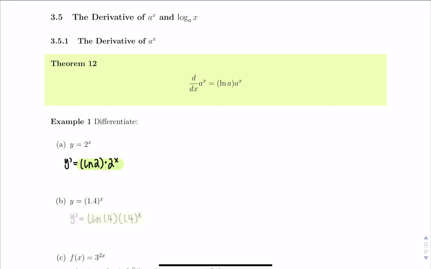Same idea goes for the second one. We take the ln of the base, which is 1.4, times the original, or 1.4 to the x.